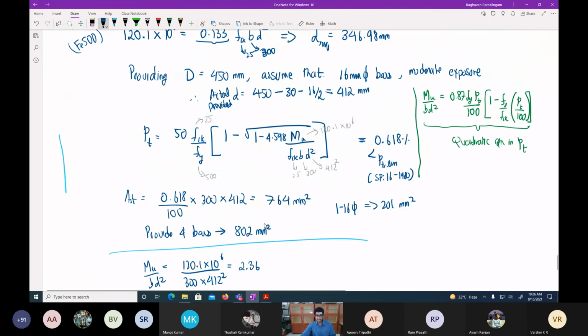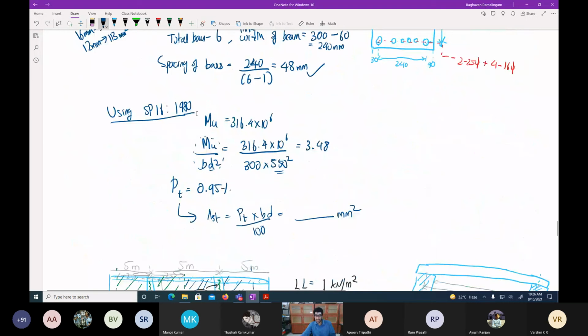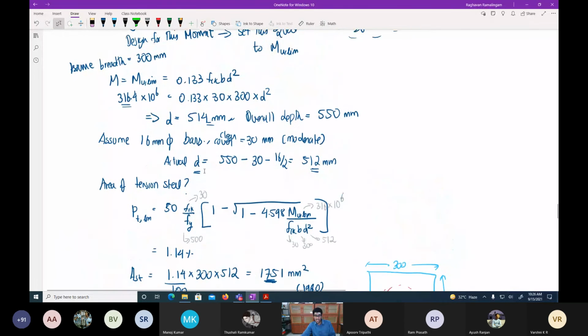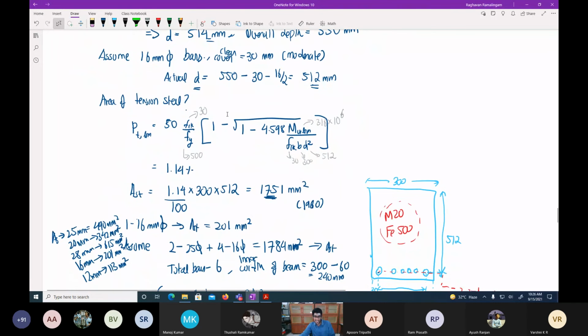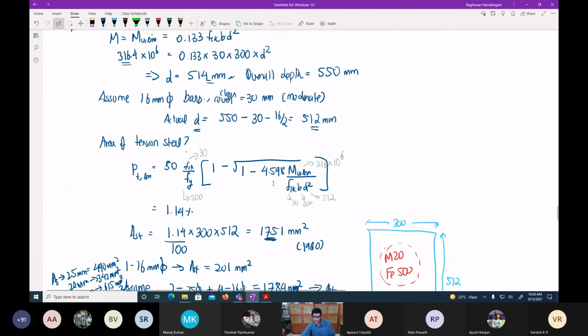The issue we had in last week's problem is that we required 514 mm square and we chose exactly 514 mm square, and then you provided slightly more AST than what was required, and you are very much in the margin between under reinforced and over reinforced beam.